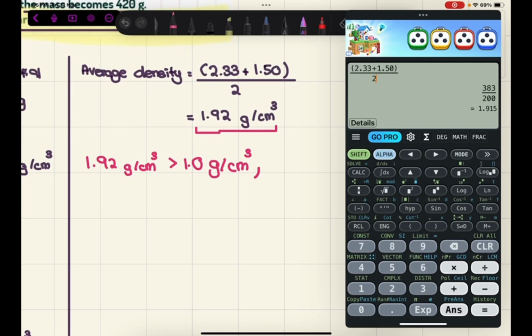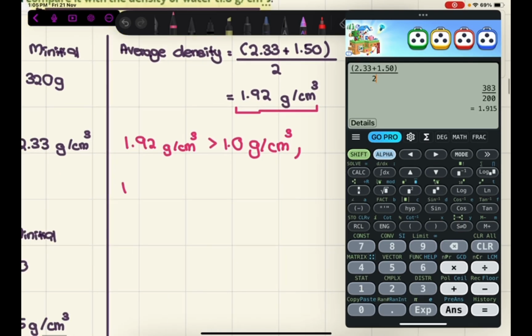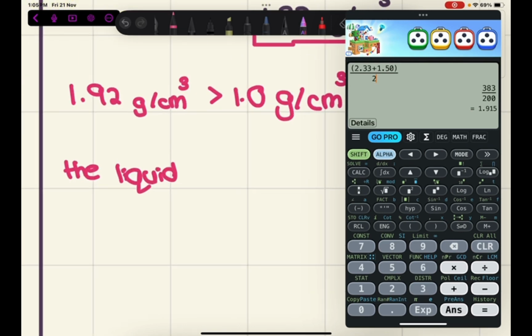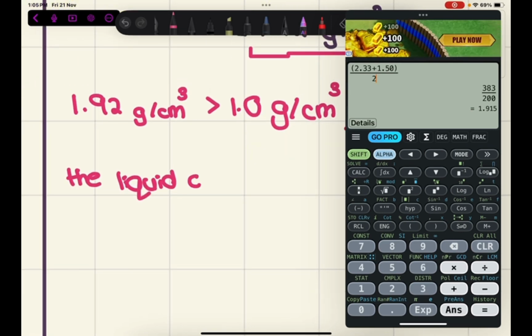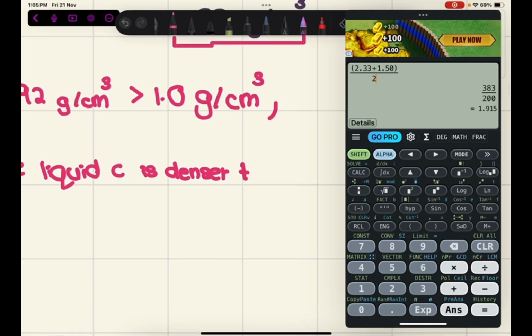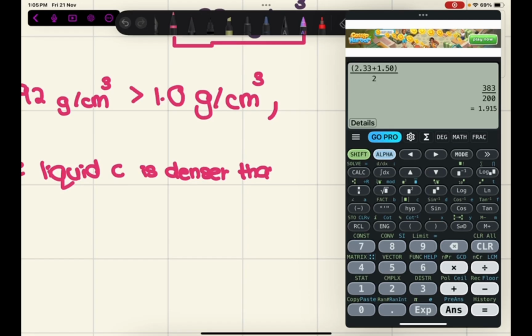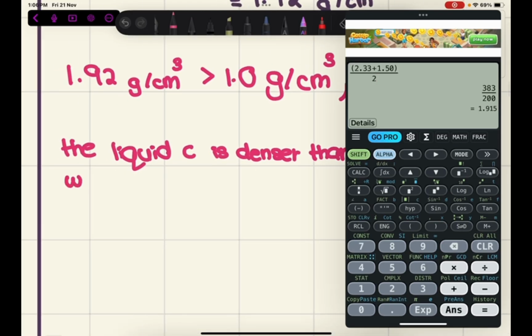So it means that liquid C is denser than water, and it would sink if placed in water.